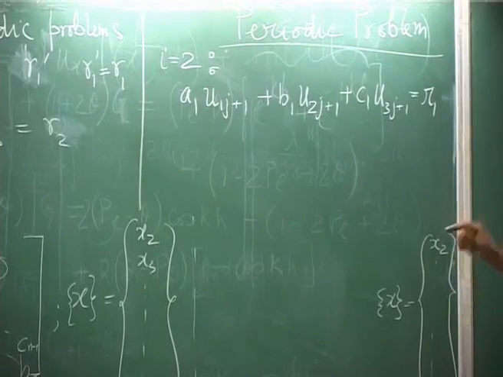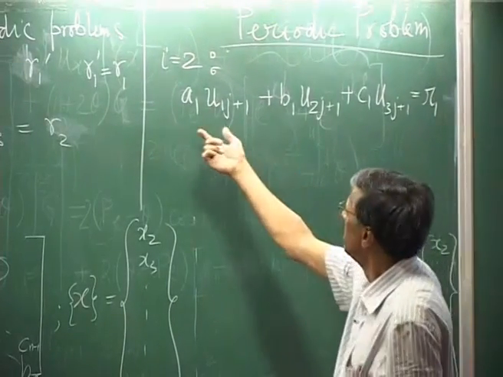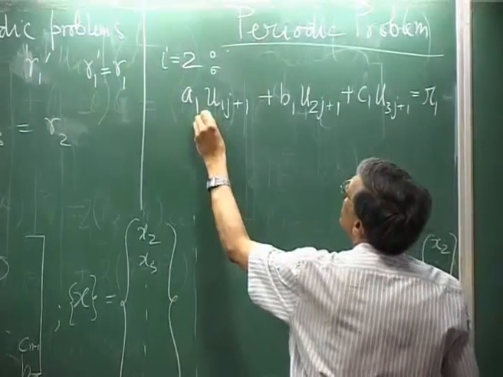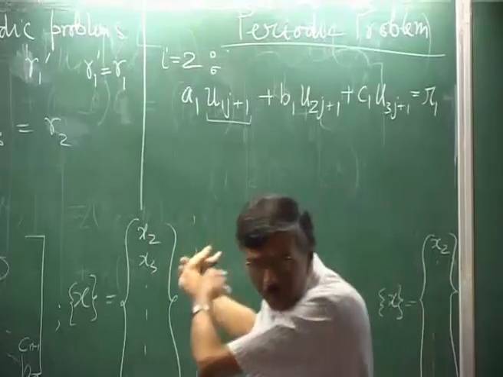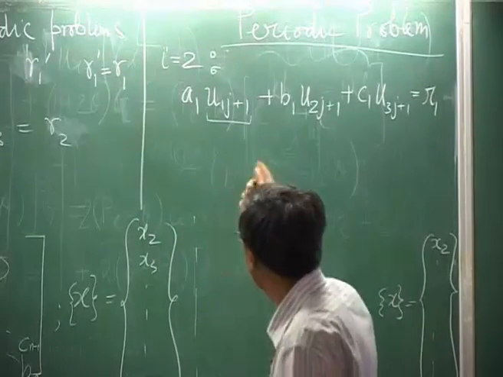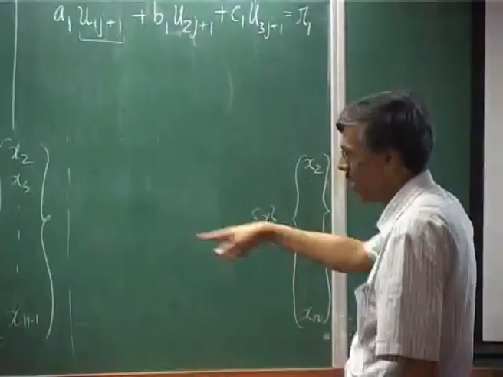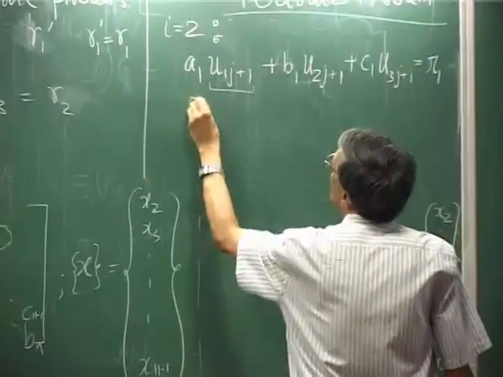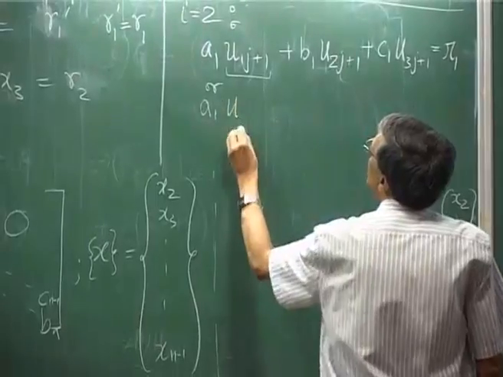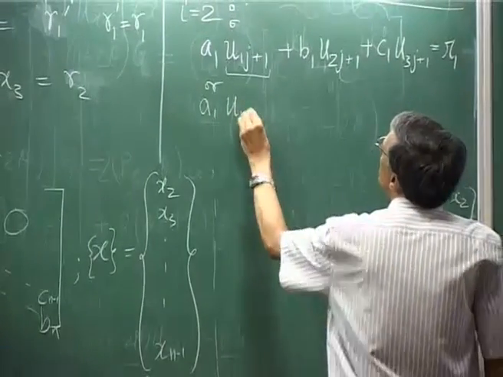Now what you are noticing is that this quantity is not a Dirichlet quantity, right. Earlier we could put it on the other side. So what should I do now here? I use the periodic condition that is given there. So I will write it as a1, u1 is un.